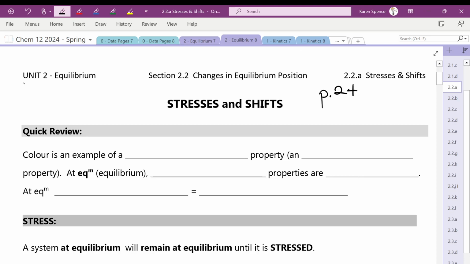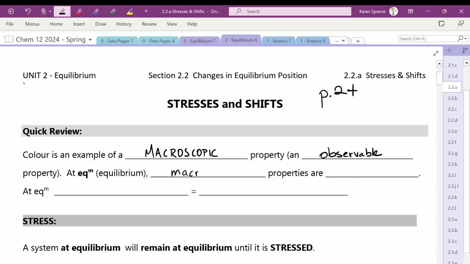Color is an example of a macroscopic property. In other words, an observable property. At equilibrium, what kind of properties?